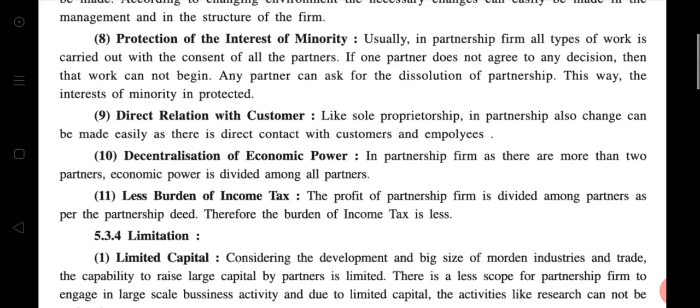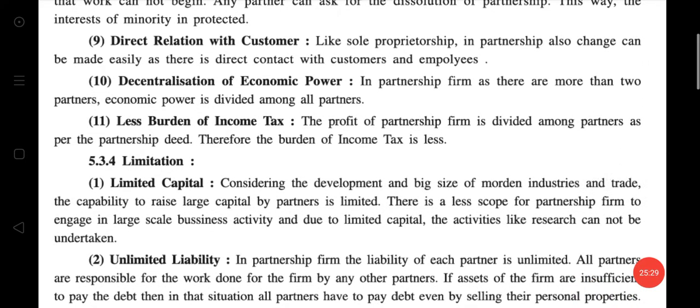If any single partner does not agree, then that work cannot start. So any partner can ask for the dissolution of the partnership. This way, the interest of the minority is protected. Is it clear? Okay.